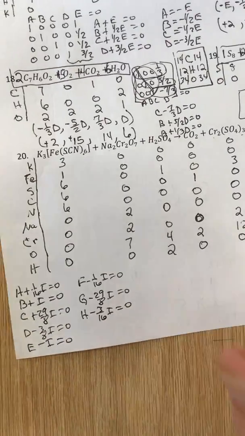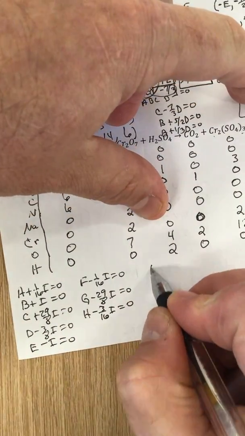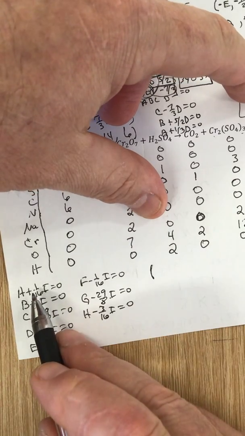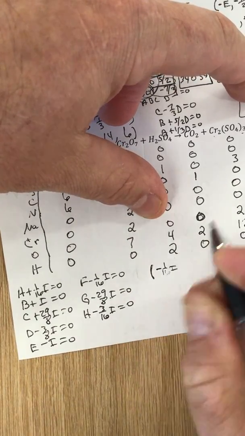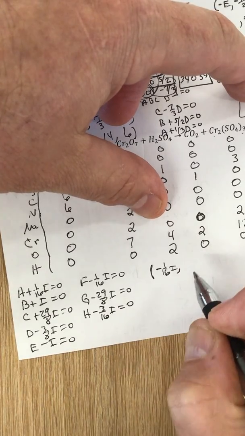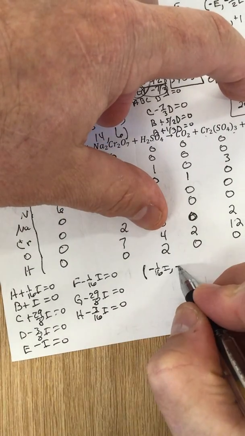Okay, let's put all that together. So the A spot, the first spot is right there. Move the 16 over, so that'd be -1/16 I. B, move the I over, -I.